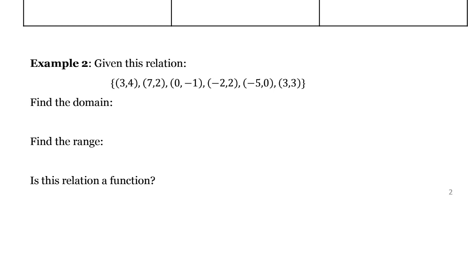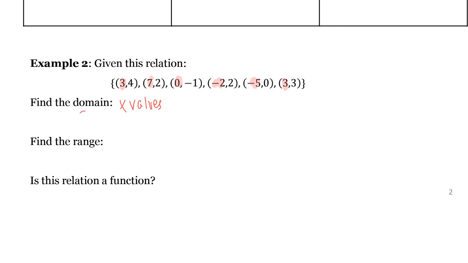All right, so example 2, given this relation, find the domain and range and tell me if it's a function. Okay, so remember, domain is your x values. So our x values are 3, 7, 0, -2, -5, and 3.